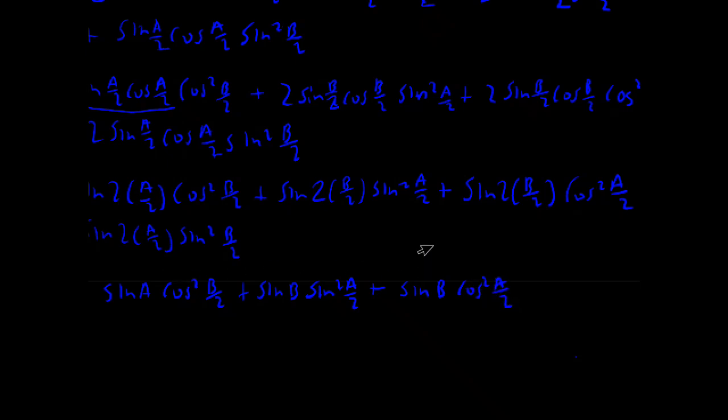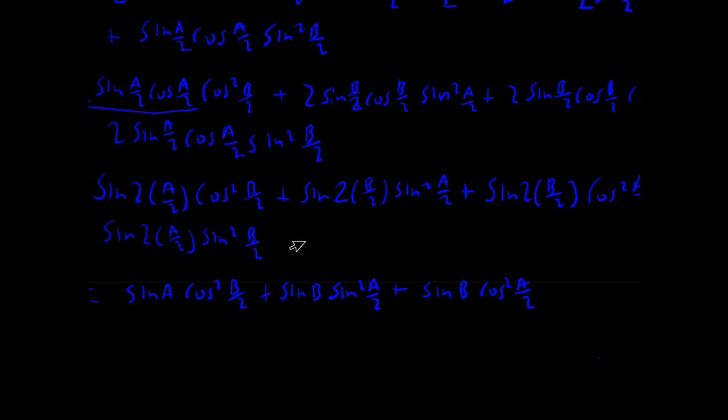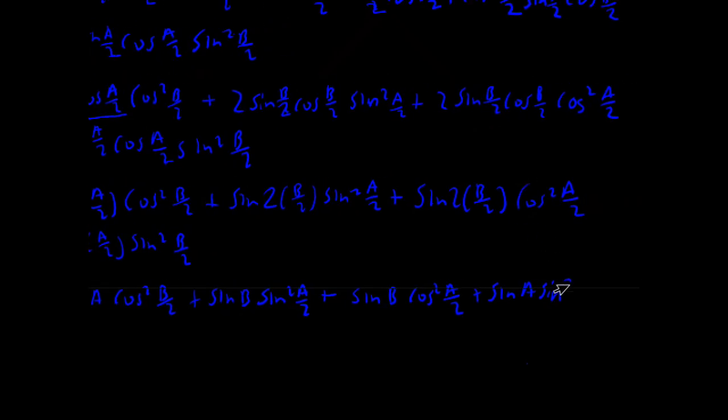Now we've got space to add this. This particular portion is going to be sine A, because the 2's cancel, and then we're going to have sine squared B over 2.